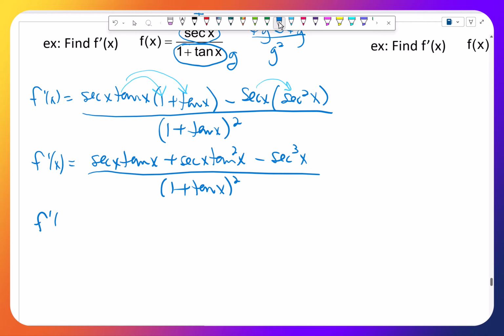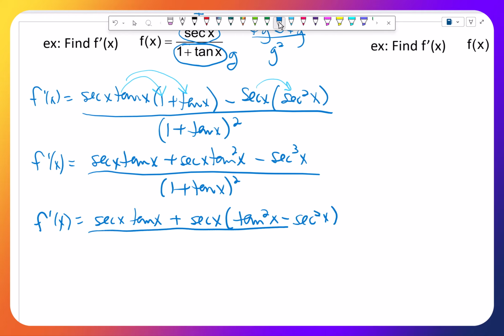So I'm going to leave the first term alone, and I'm going to factor a secant out from the last two terms. Okay, I'll pause here for a second. How are we doing? So I want to go back and look at that Pythagorean identity.